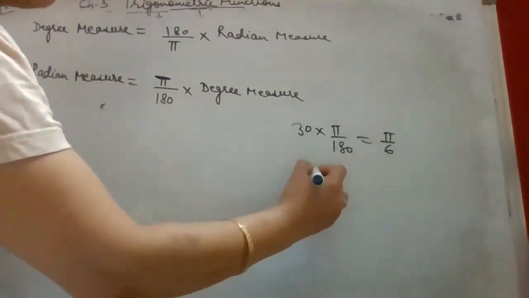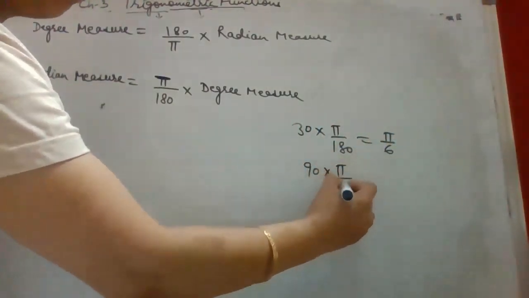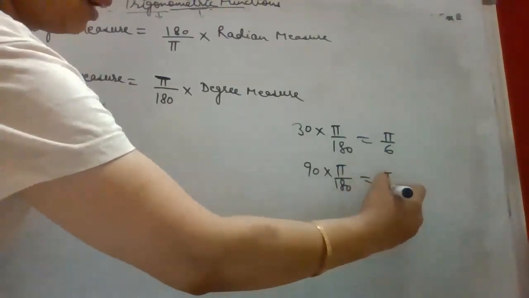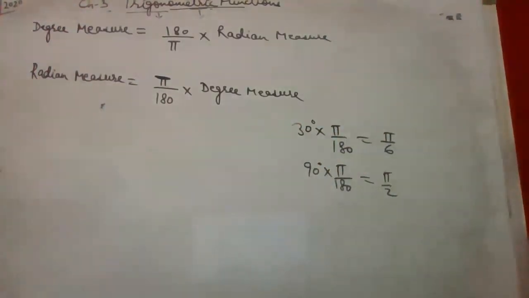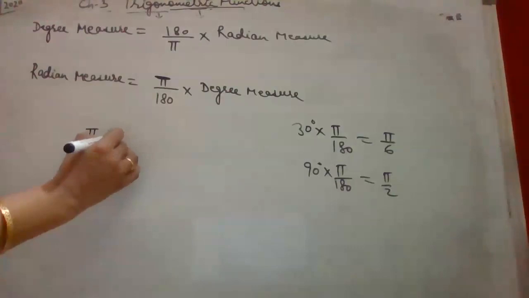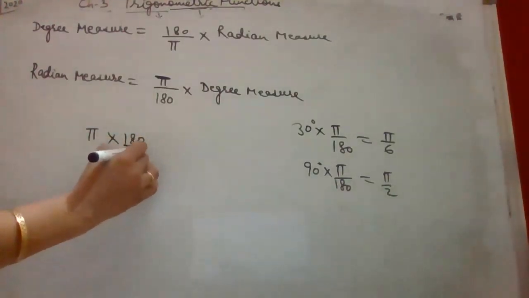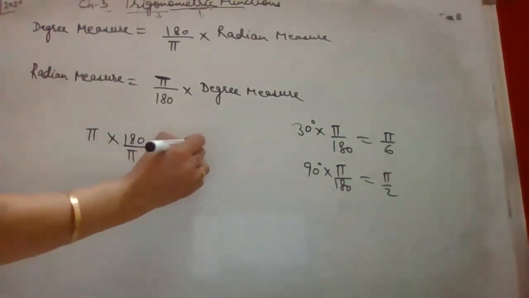And I've taken one more example for 90, times pi by 180, this is pi by 2, converting degree to radian. Now we have to convert radian to degree. Let us take pi is given to us. So if I want to convert pi to degrees, we multiply by 180 upon pi and we get it as 180 degrees.